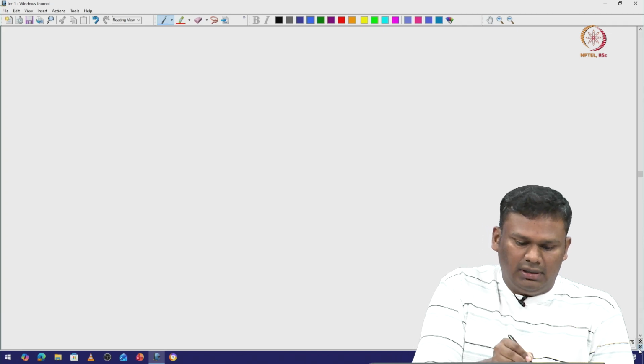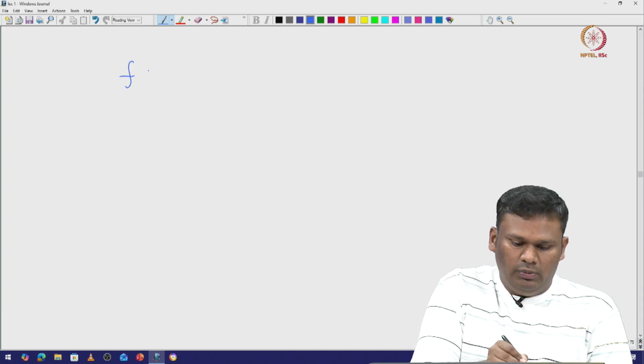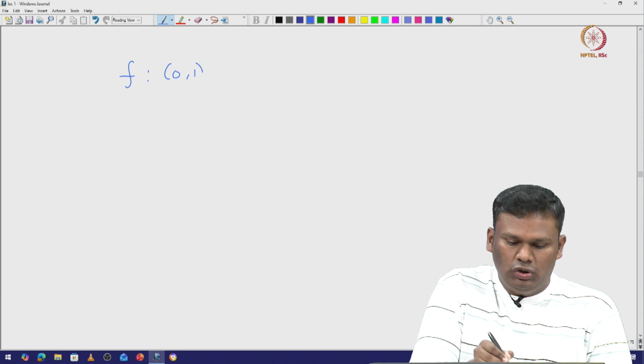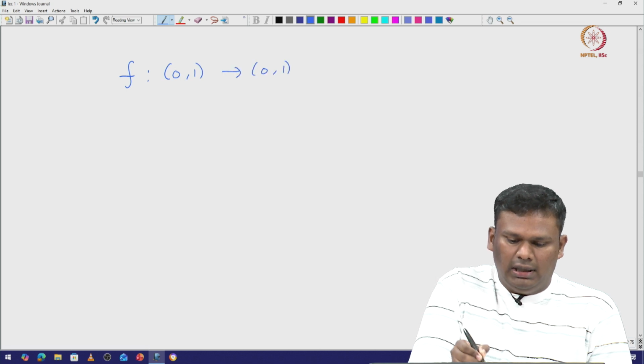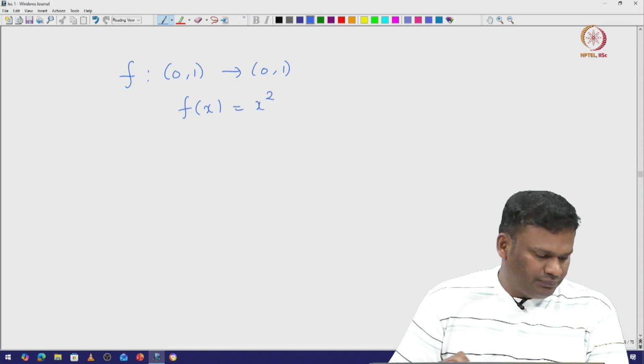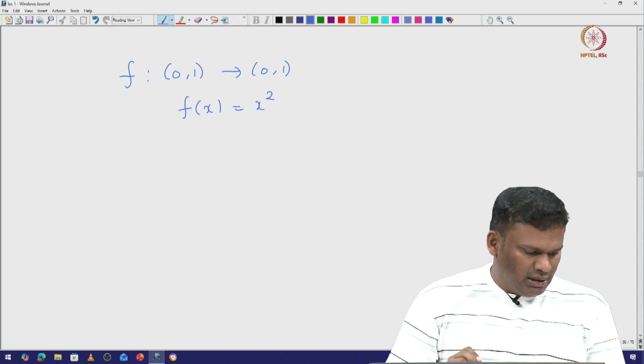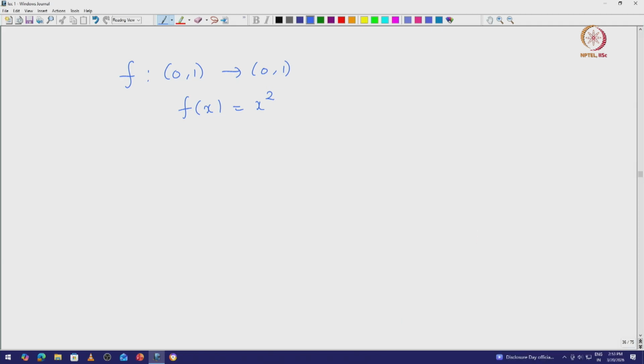If we take, for example, f to be a function from [0,1] to [0,1] given by f of x equal to x square, then one can ask whether it is a bijective function or not.